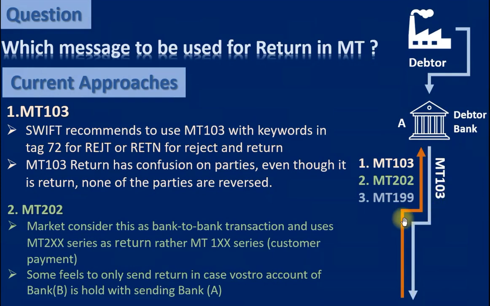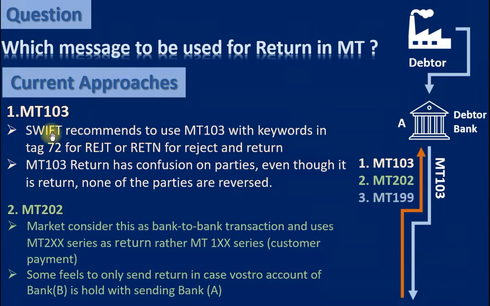Now there are various flavors. The first is that this can come as a return using MT103, it can come as a return using MT202, or it can come as a return in MT199. All three flows exist in the current world. Let's understand how it is happening one by one.